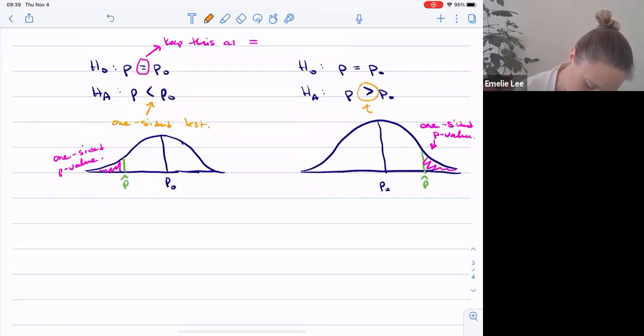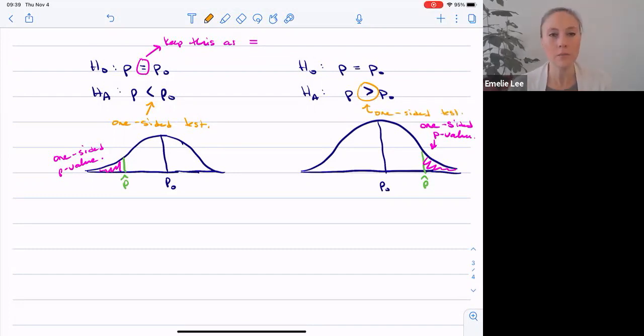And this is what makes it a one-sided test. Now we don't have to replicate the p-value on the other side, but we also have to ignore if it could have happened on the other side.